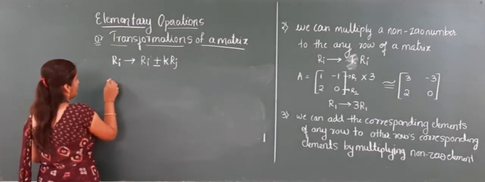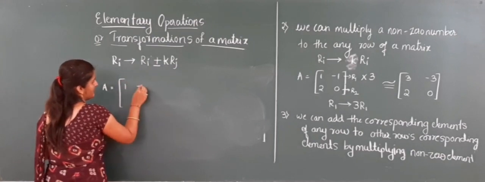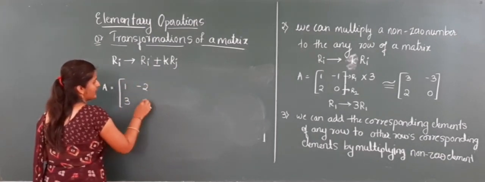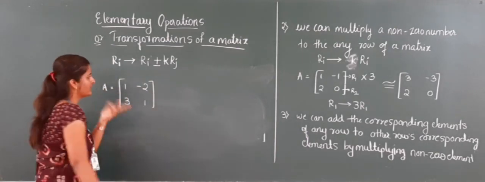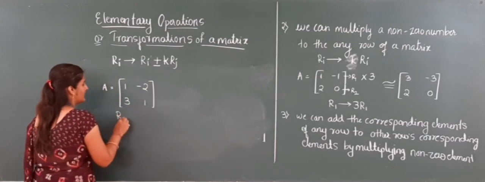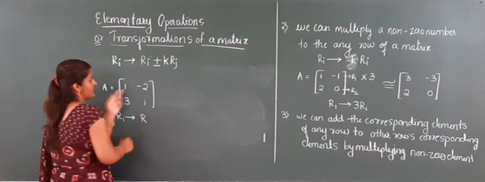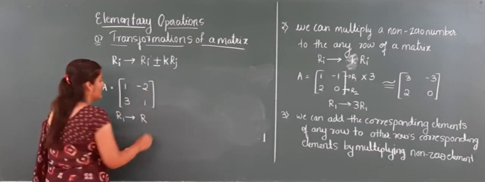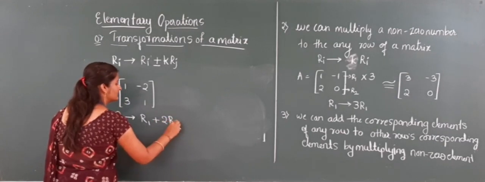So for example, I will take one matrix A: 1, minus 2, 3, 1. Here how many rows are there? 2 rows are there. So what will I do? I will apply one row operation, that is R1 changes to R1 plus 2R2.